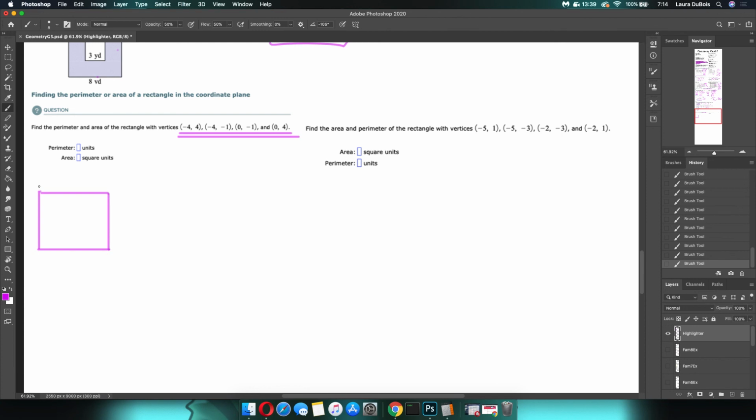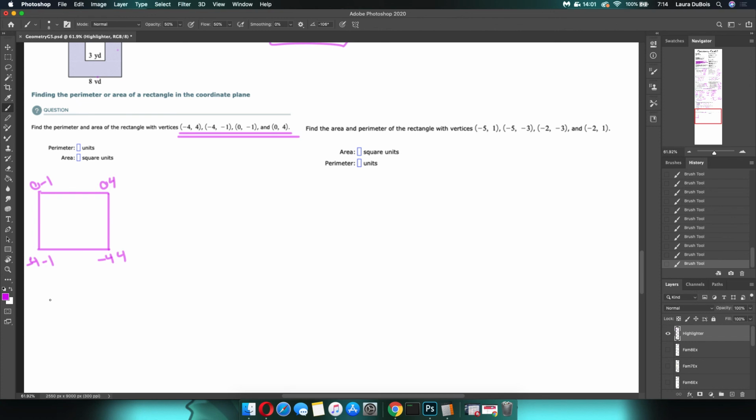So what do we have? We have negative 4, 4, negative 4, negative 1. We have 0, negative 1, and then we have 0, 4. I don't think I put those coordinates even remotely right, but we need the base and the height.